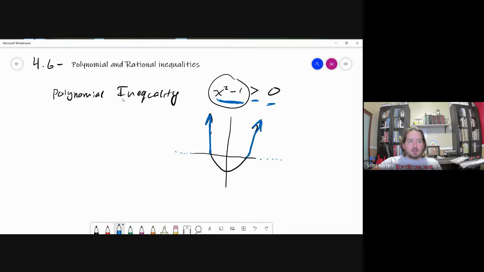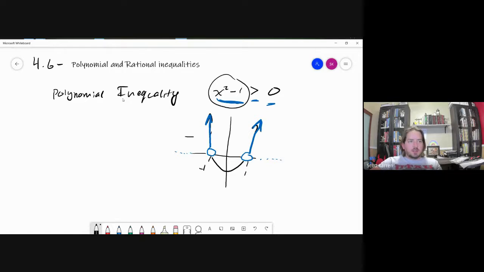It's strictly greater than 0, so I put an open circle right here and an open circle right here. And I happen to know that this happens at -1 and this happens at +1.